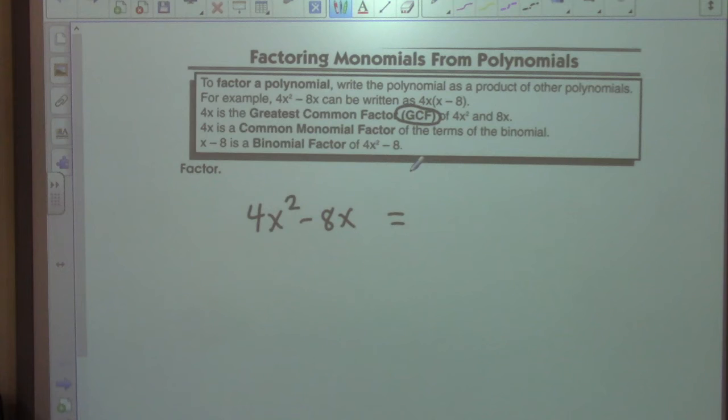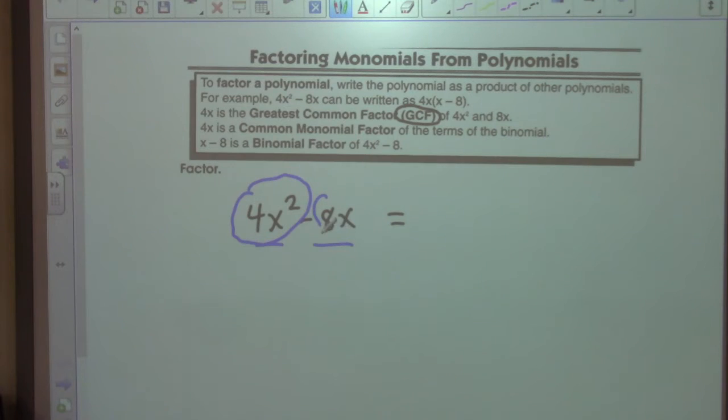You look at those two terms, and these things right here, separated by plus and minus signs, are called terms. These terms are what they call monomials. Why do we call each of them a monomial? Just one.